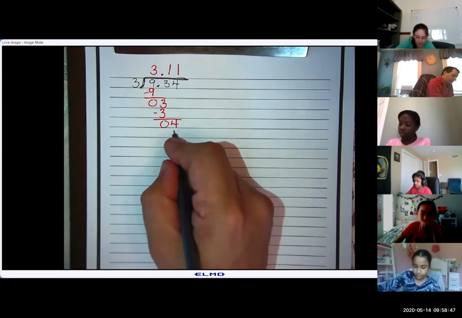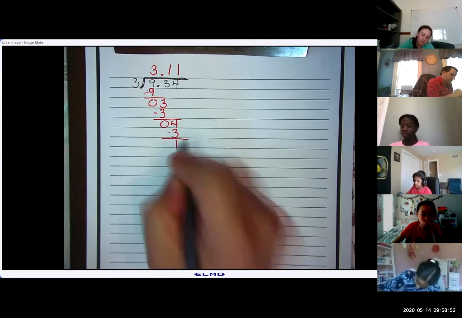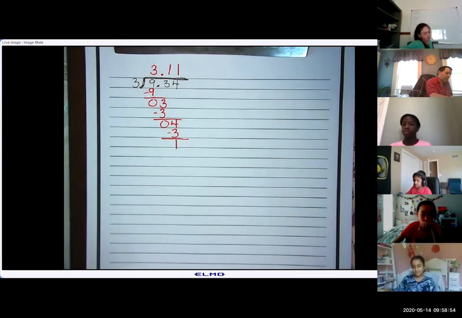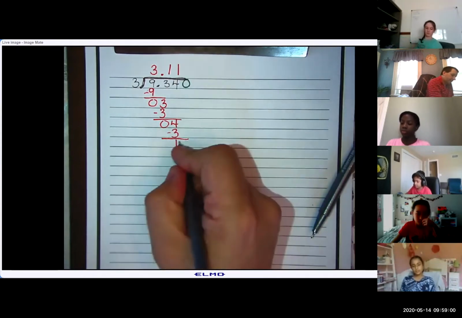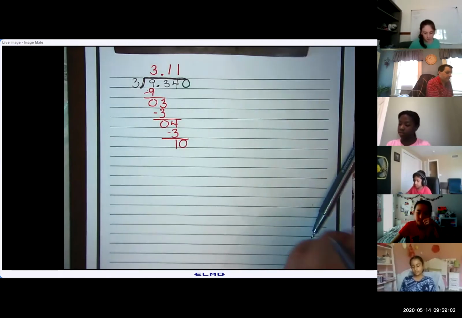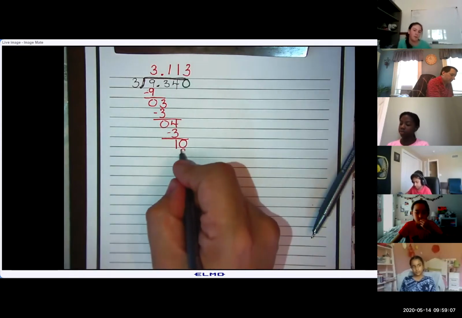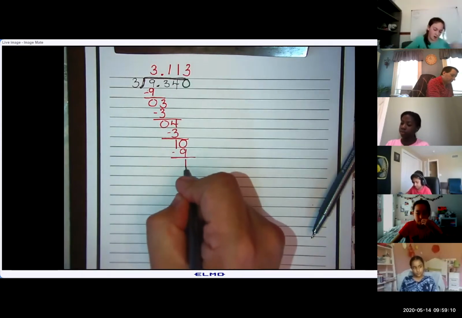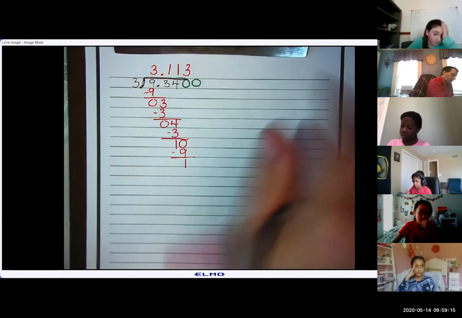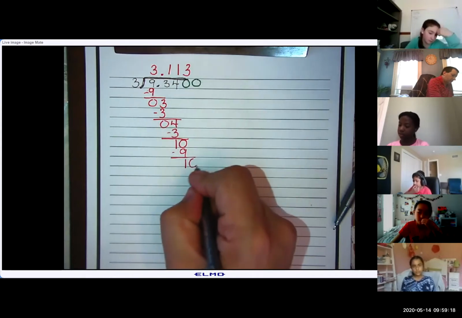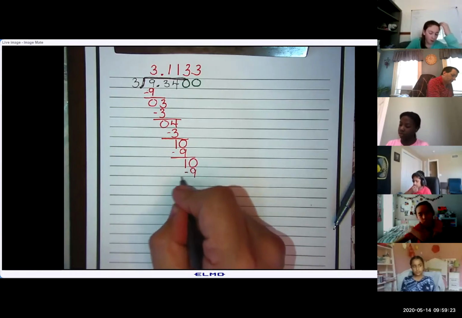And then you do 4 minus 3, which is 1. And then you have to add the 0 at the top and bring it down, which is 10. So you do 10 divided by 3, which is 3, and it's 9. And then you do it again, so you put the 0 and bring it down. And then it's 3. And then you should be good, so now you have to round.